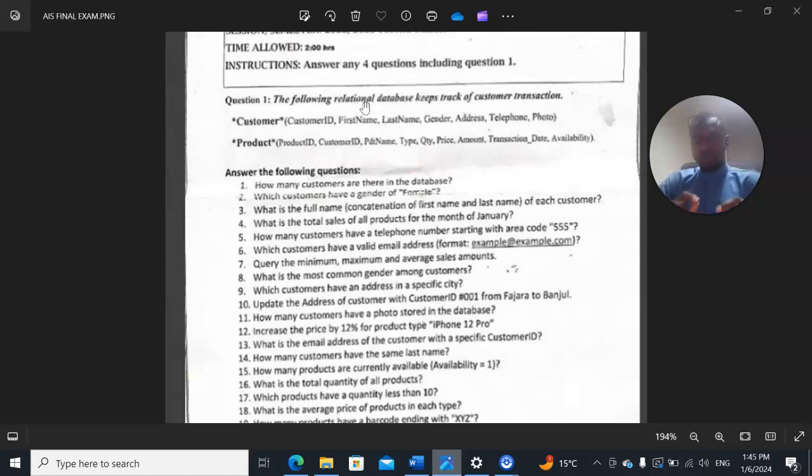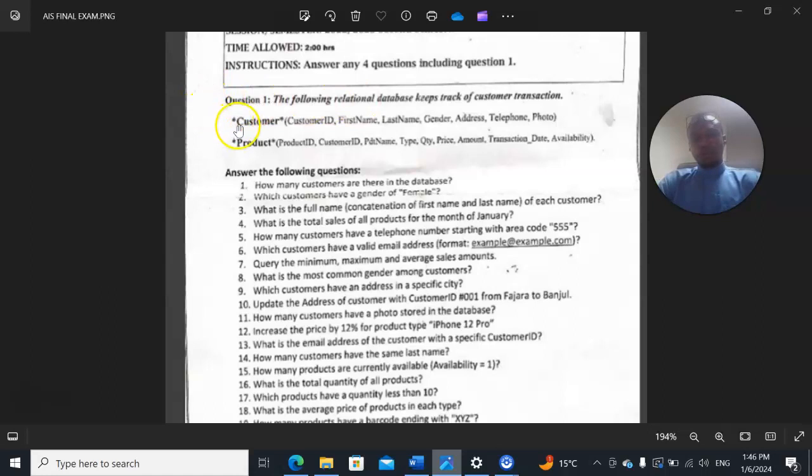So a relational database is talking about two or more tables. That is the minimum, two or more tables, not one table. One table is just a single database. But a relational database is two or more tables: 2, 3, 4, 5, 6, and upwards.